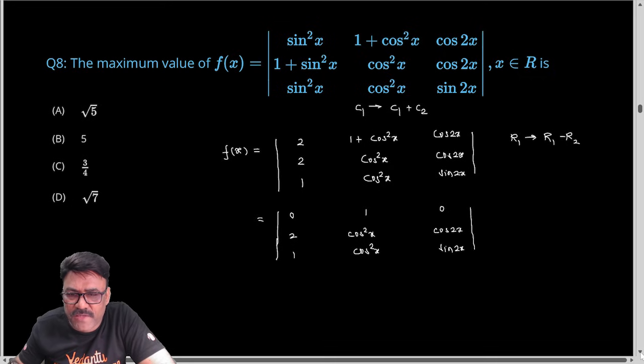Now just expand this determinant. When you expand this determinant through the first row, because in the first row I have 2 zeros, it is easy to expand. The expansion will be minus 2 into sin 2x minus cos 2x. So basically it is cos 2x minus 2 sin 2x.